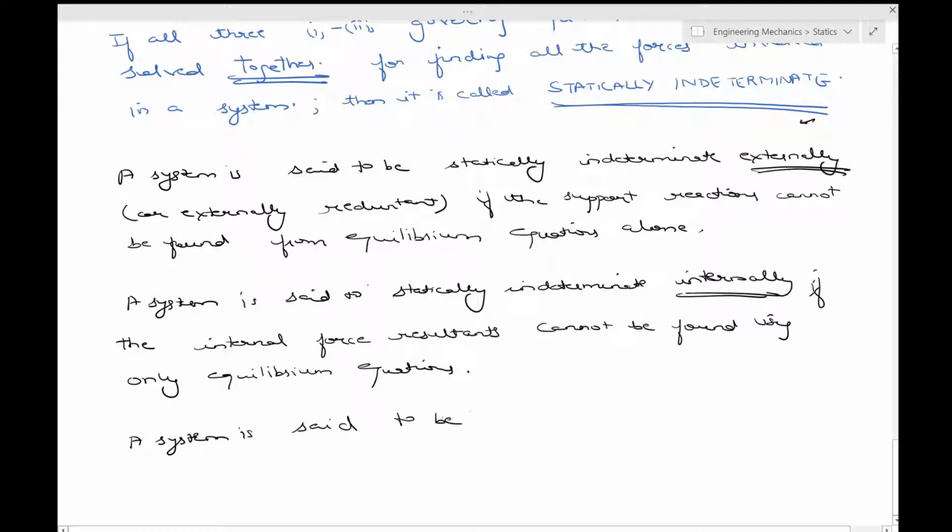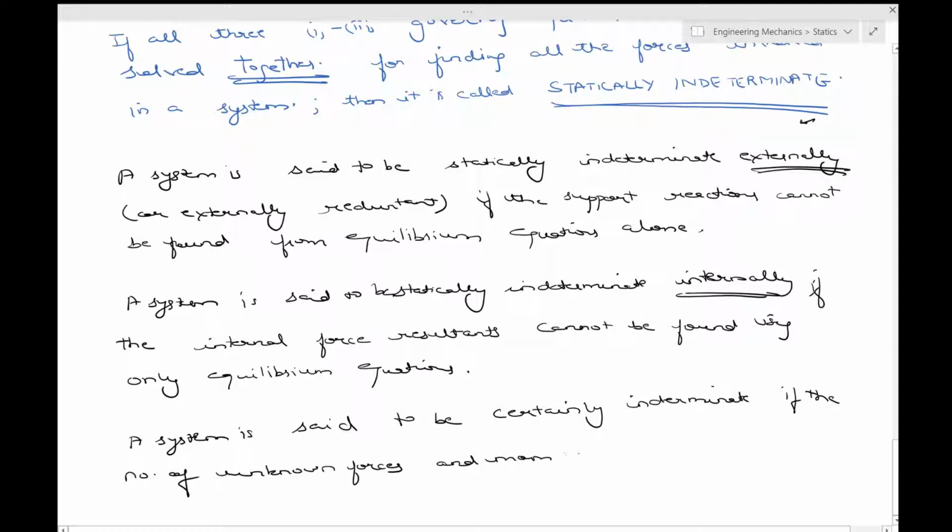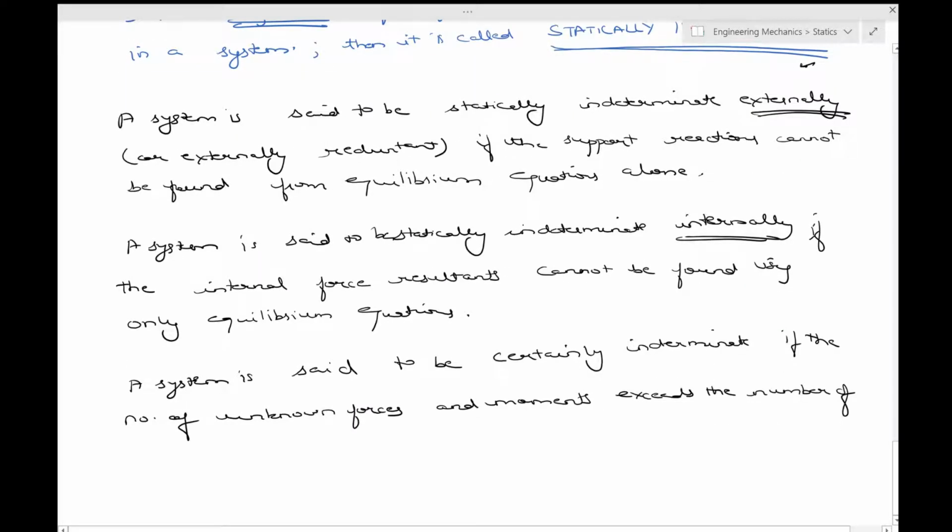A system is said to be certainly indeterminate if the number of unknown forces and moments exceeds the number of independent equations of equilibrium.